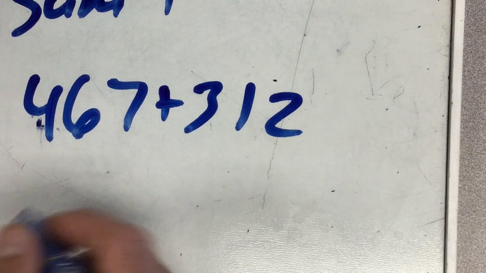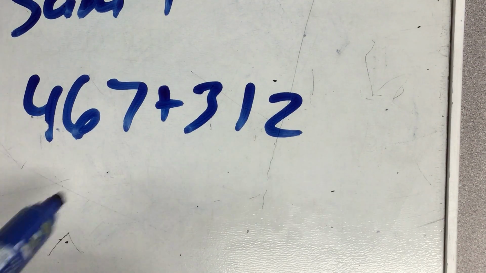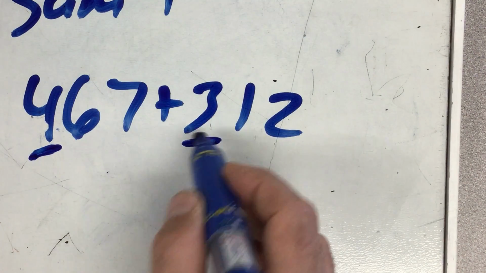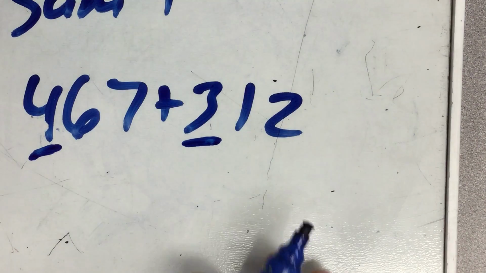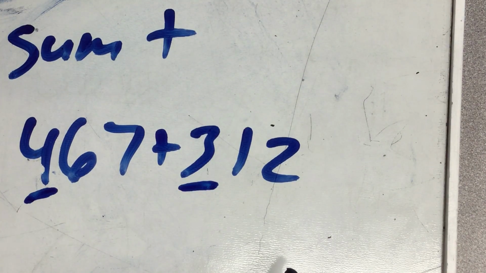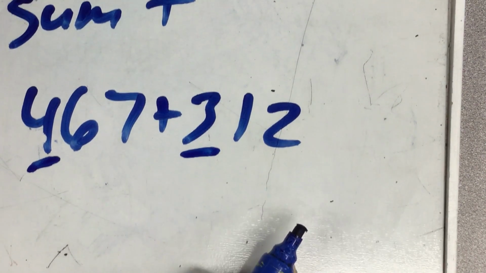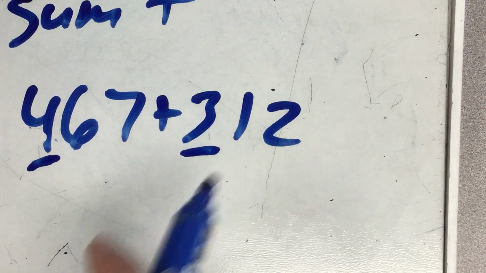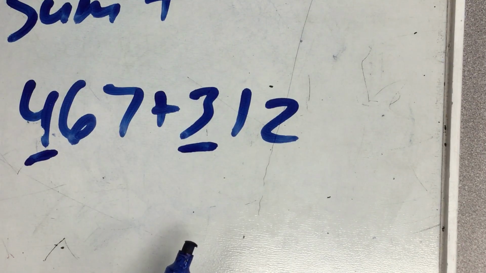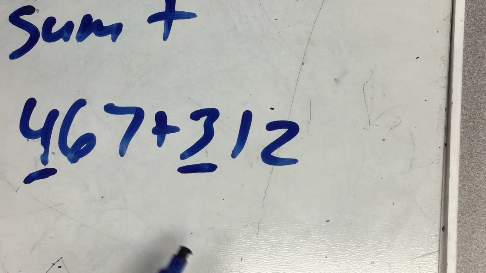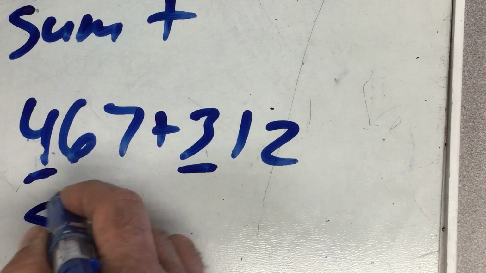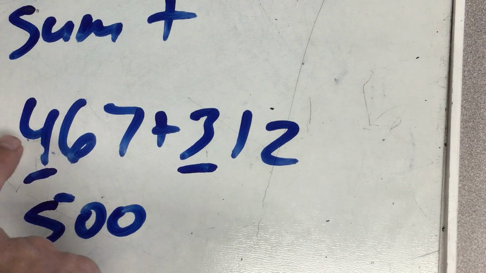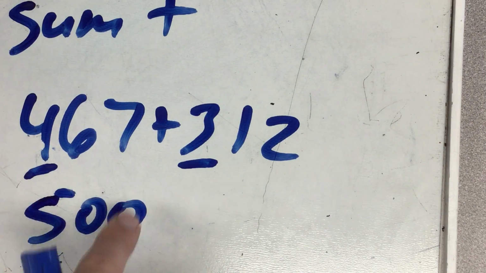Since we're asked to estimate, we would take it to its furthest place value and round them off to the nearest 100. If you're told to estimate, just round it off to the nearest one of the furthest left, so in this case the hundreds column, unless you're told something different. So 467 is going to be 500 because I looked to my right and this was 5 or above, so we changed it to a 5 and added zeros.